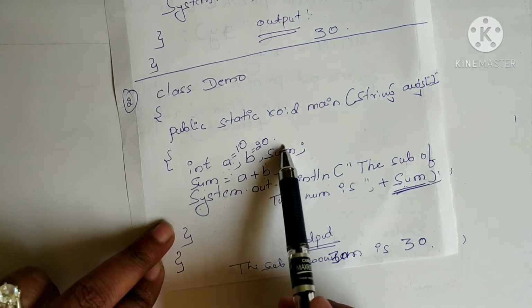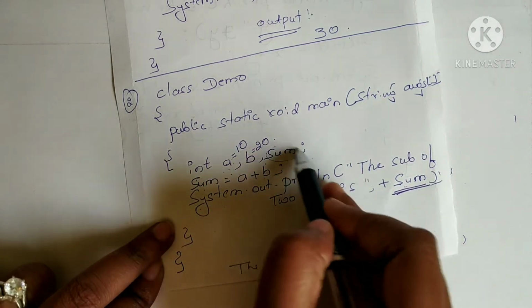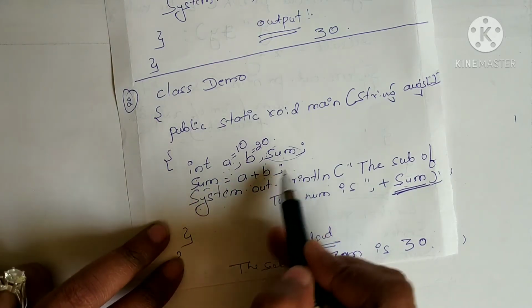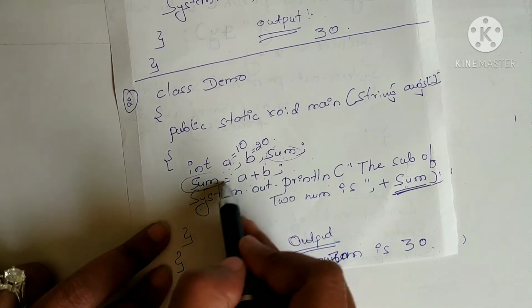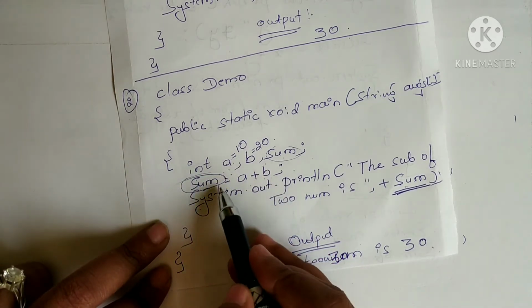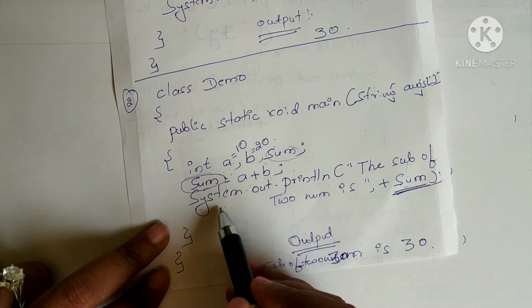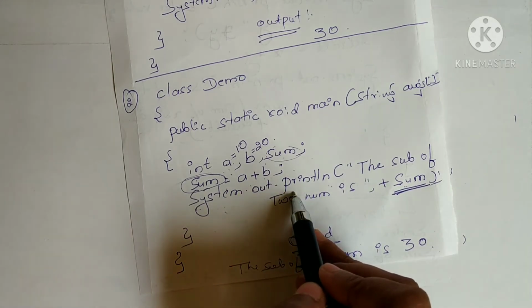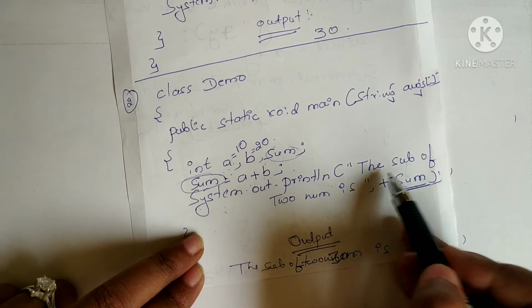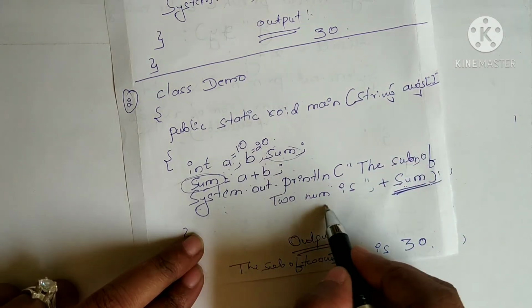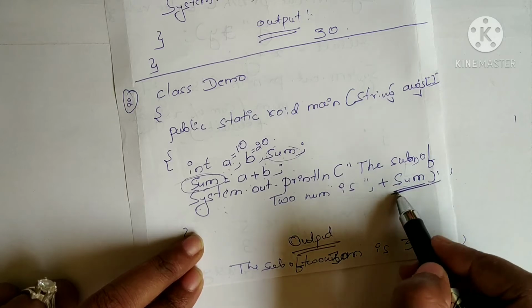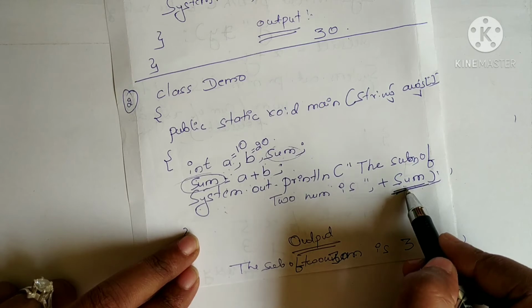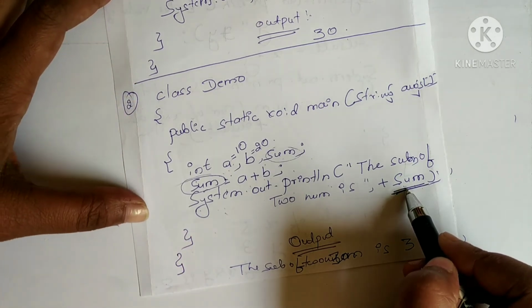In the sum variable we are going to assign a plus b. The a plus b value can be stored in a sum variable. For that sum we are going to print here in System.out.println. This is used to print the values in the console. The sum of two numbers is plus sum. The plus sum is a variable in which the a plus b value is stored.